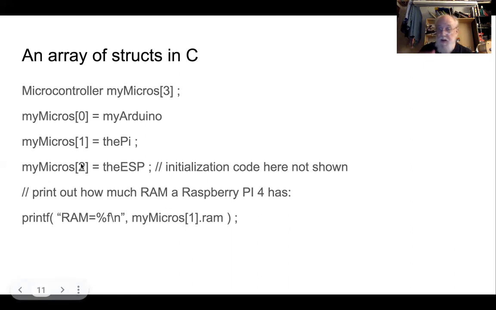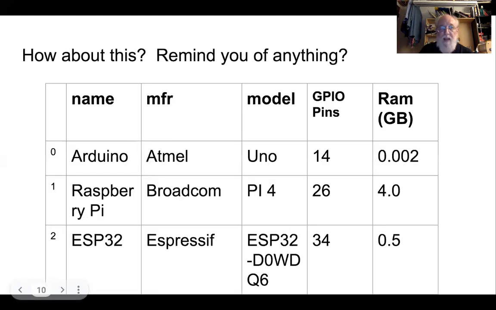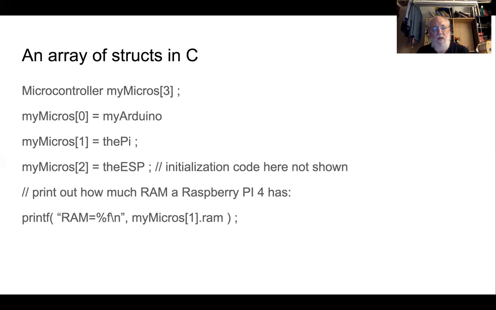So now I have exactly what you saw in the table up here: subscripts down the left-hand side, and then the members, making an array of structs. And then, of course, I just printed out a little bit of it to show you how you would print it, which is you would give the name of the variable, the name of the instance, a subscript, and then the member that you want.